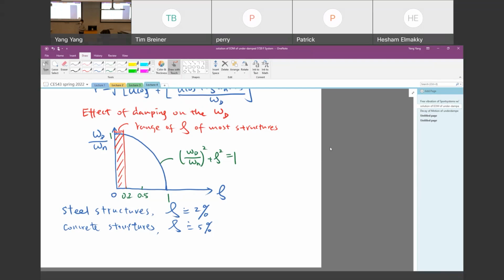For us engineers, the only way to get the exact number is based on the testing data. So please keep in mind that these two numbers are very rough estimates.